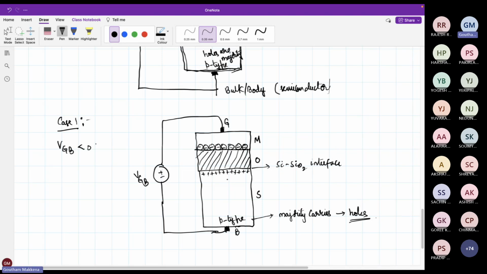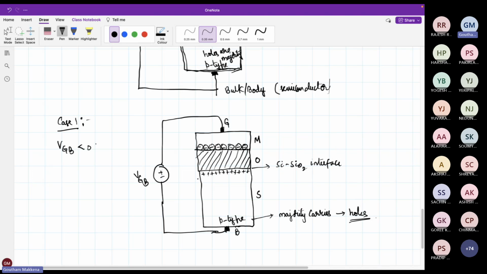Okay, right. So when I apply a small negative voltage, what is happening? A negative charge is applied to this plate of the capacitor, which is my metal. So this attracts the positive charges or the holes that are present in the p-type semiconductor, because p-type semiconductor majority carriers are holes.